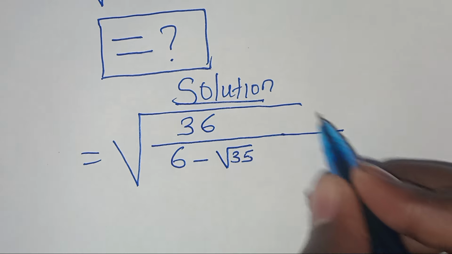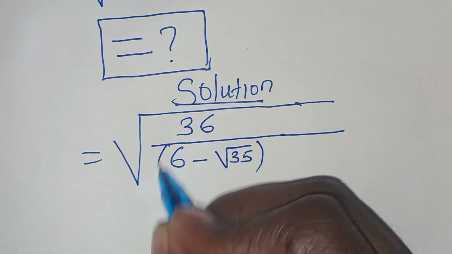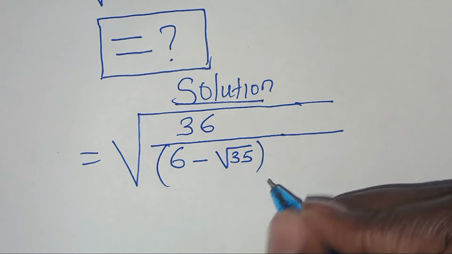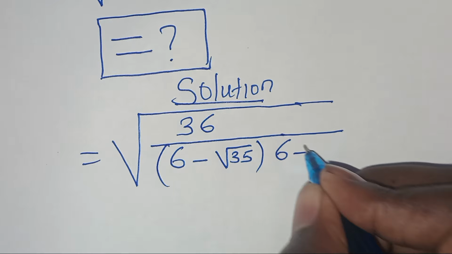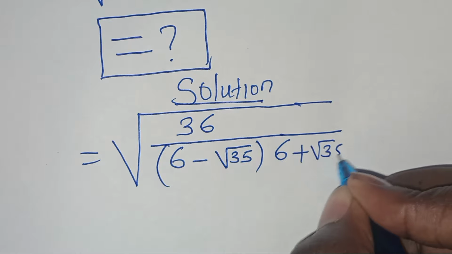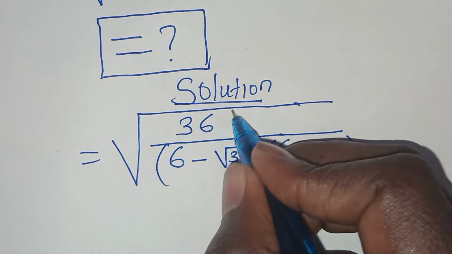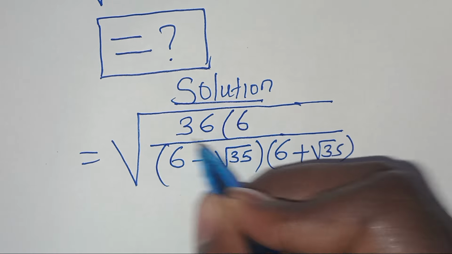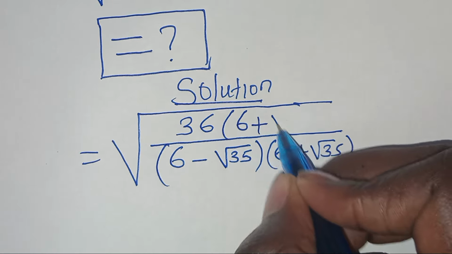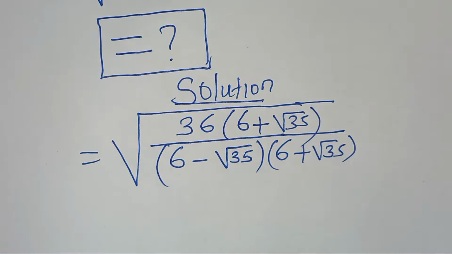So the first step to do here, let's introduce a conjugate, and the conjugate here is 6 plus square root of 35. We multiply this conjugate to the numerator, which is square root of 36 multiplied by 6 plus square root of 35.